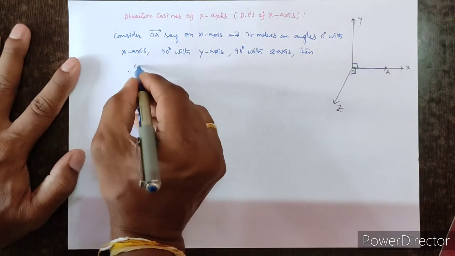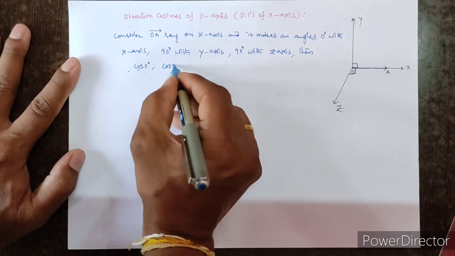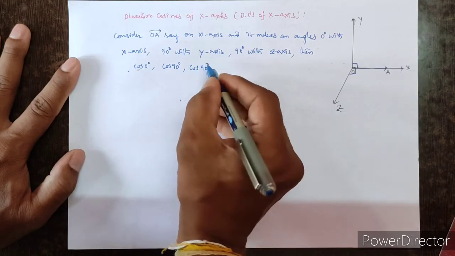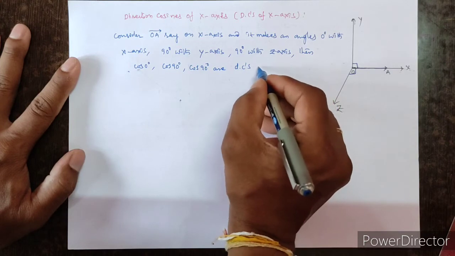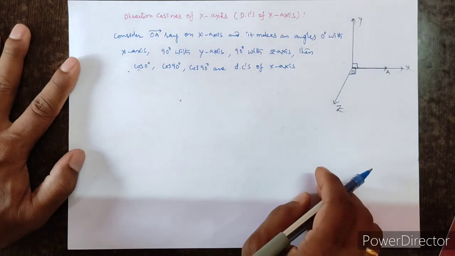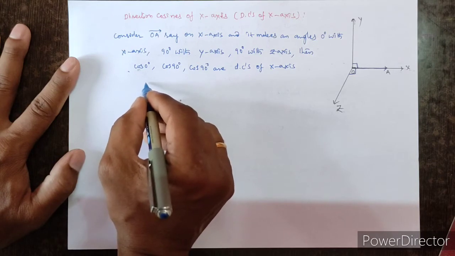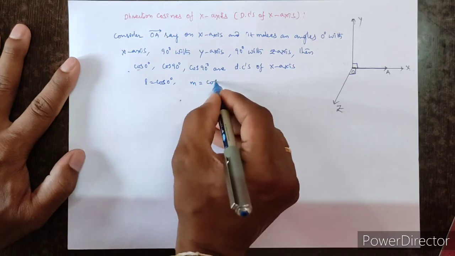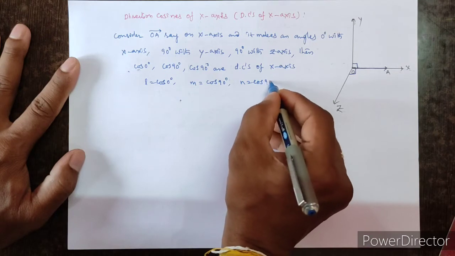Then cos alpha is cos 0 degrees, cos beta is cos 90 degrees, and cos gamma is cos 90 degrees. These are the direction cosines of the x-axis. So L is cos 0 degrees, m is cos 90 degrees, and n is cos gamma, which is cos 90 degrees.